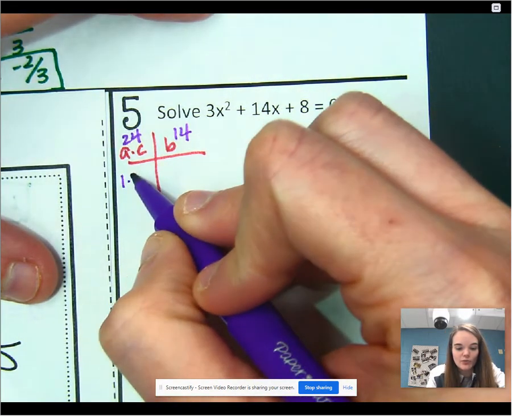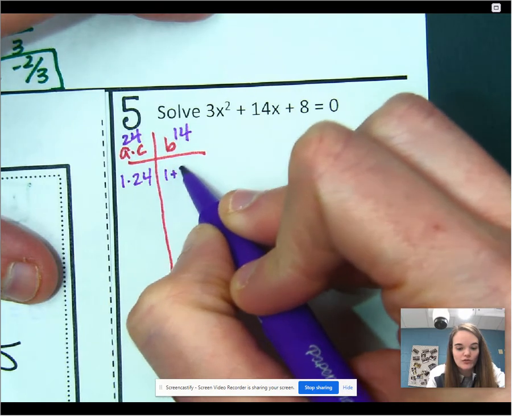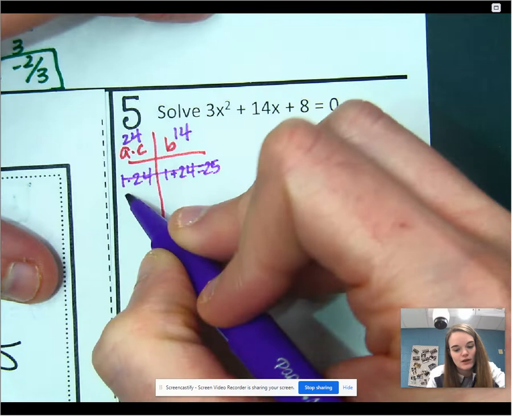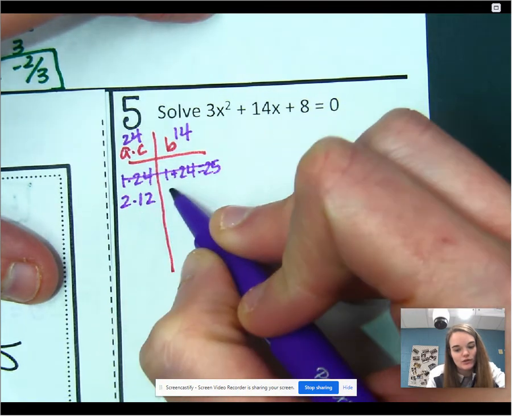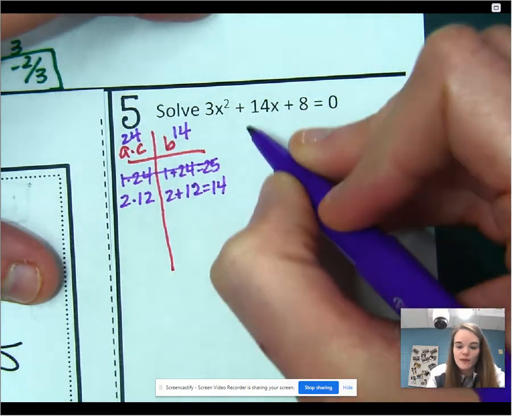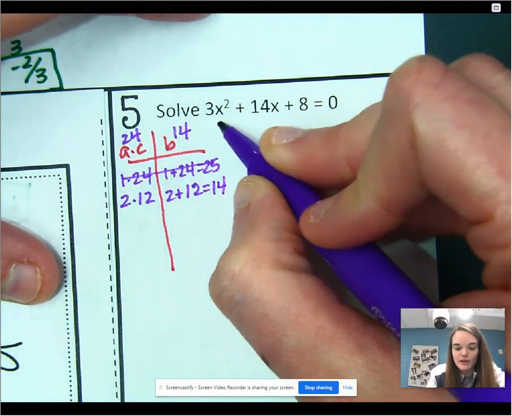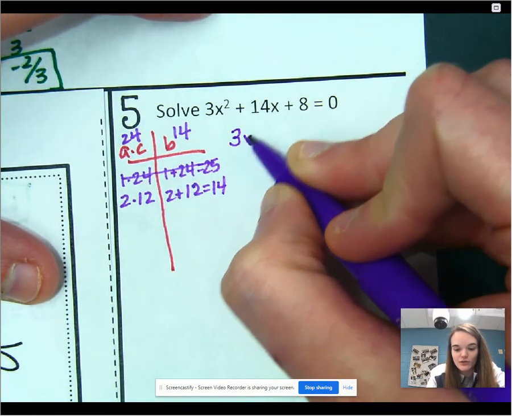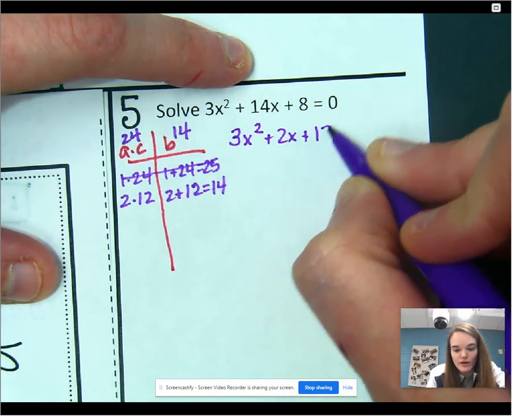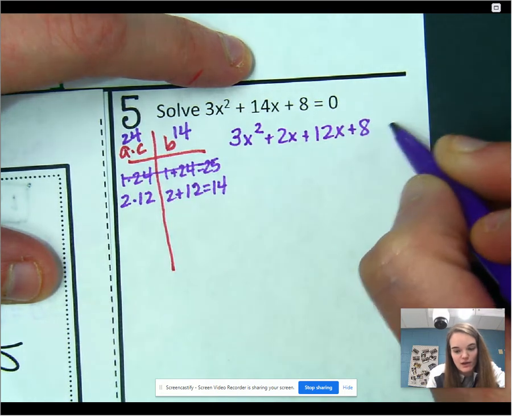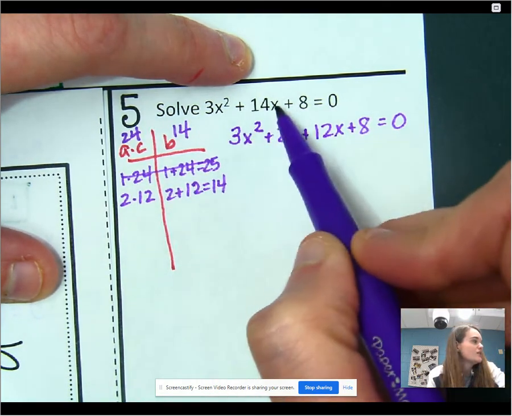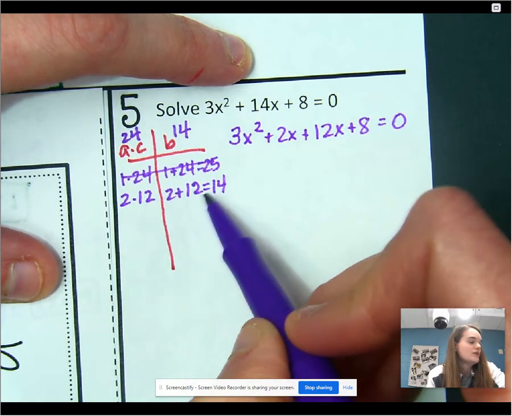So 1 times 24, 1 plus 24 is 25. Nope. 2 times 12, 2 plus 12 is 14. So now remember, we bring down everything. 3x squared plus 2x plus 12x plus 8 and bring down equals 0. This is where we separated this 14x into the 2x plus 12x because of this.